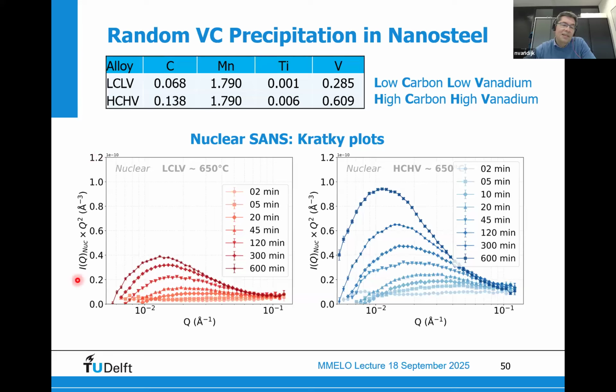If we then again look at the scattered intensity times Q squared versus Q, then we see that the amount of scattering increases as a function of the aging time at 650 degrees, as you would expect for the precipitation, but also that the peak is found at lower Q, which indicates that the scattering comes from growing particles. We also see that the scattering for the high carbon, high vanadium is about twice that of low carbon, low vanadium. So that also makes sense.